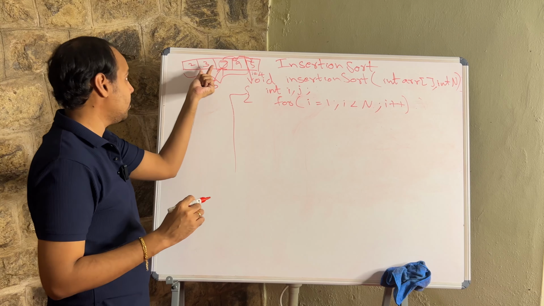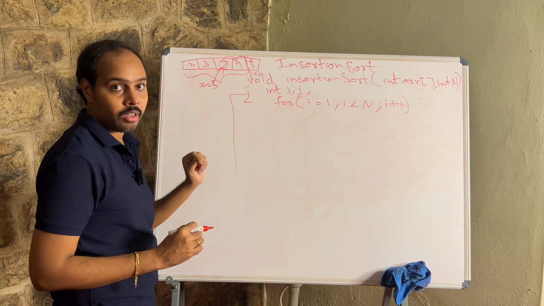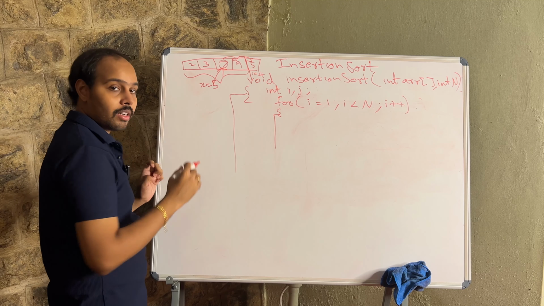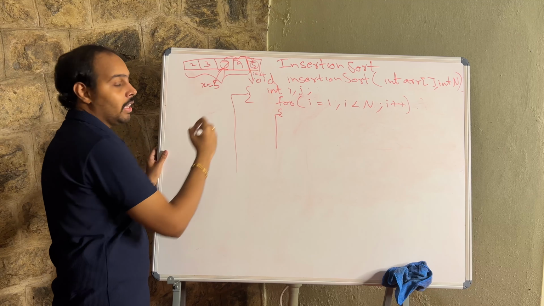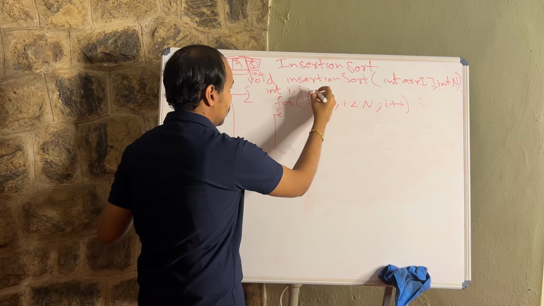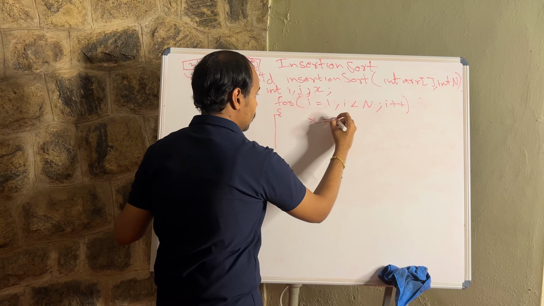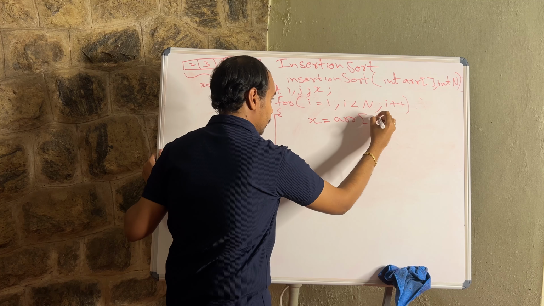In every pass, we will insert one element to the already sorted array. Now we will copy that element to a separate variable, like we copied 5 here. We want another variable x. x is equal to arr of i.